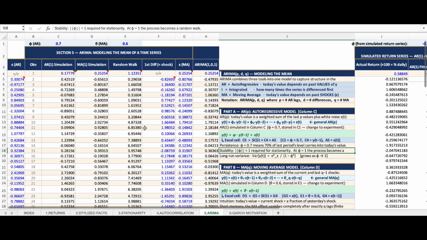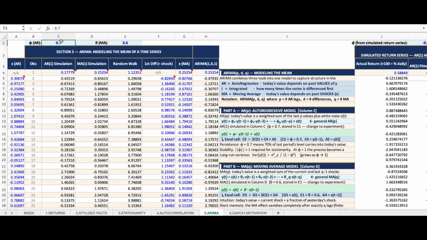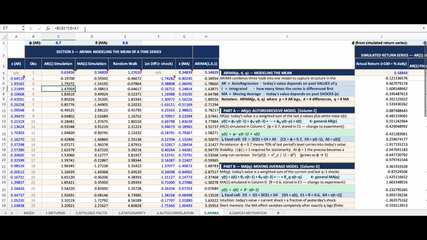Look at cell C1. This is where phi is stored. The simulation in column C uses exactly this formula. So C5 equals phi in C1 times C4 plus random shock in A5. Every cell in column C is just that formula repeated.